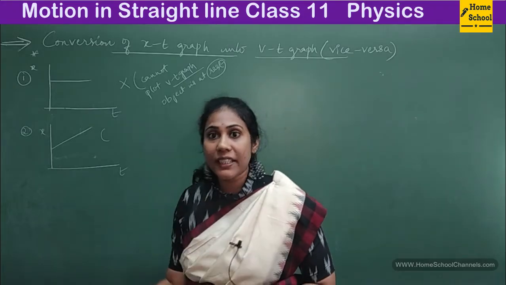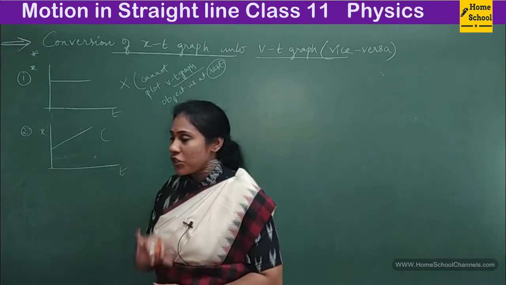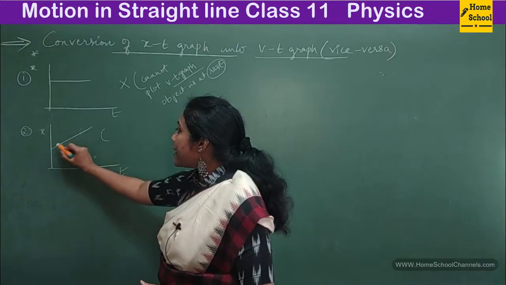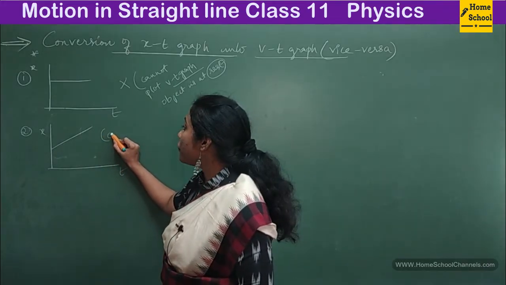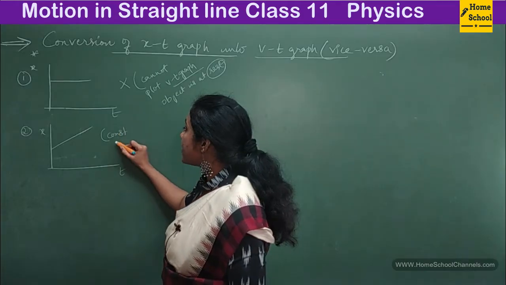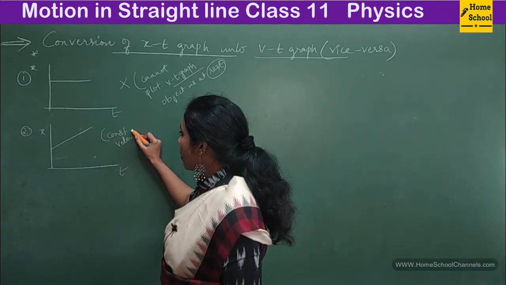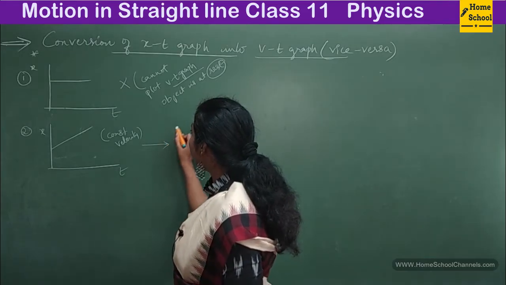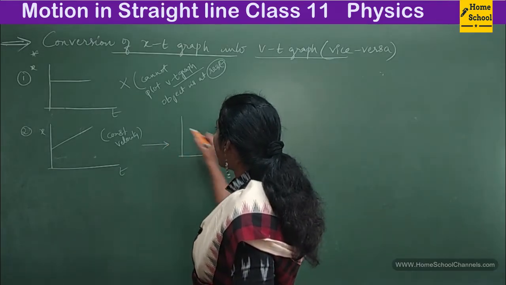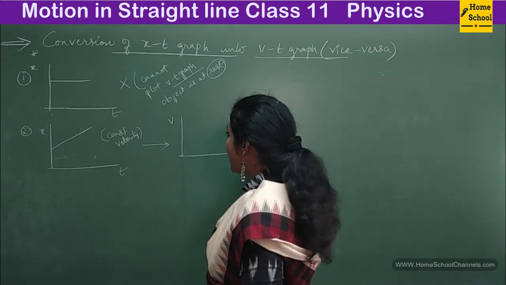I explained everything in a detailed way, so you have to watch that. So when you get something like this in an XT graph, what do you mean by that? It is a uniform motion. Uniform motion means you have constant velocity.